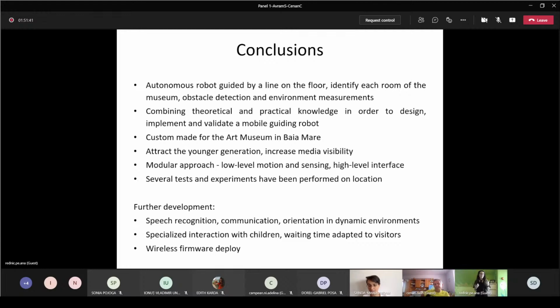I thought of a drone for the first floor because it's completely different. It has cover on the floor, so the robot couldn't move easily. So I thought of something in the air.